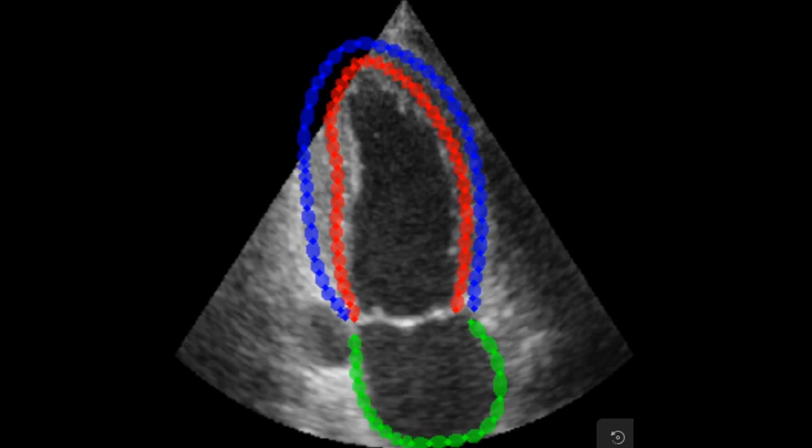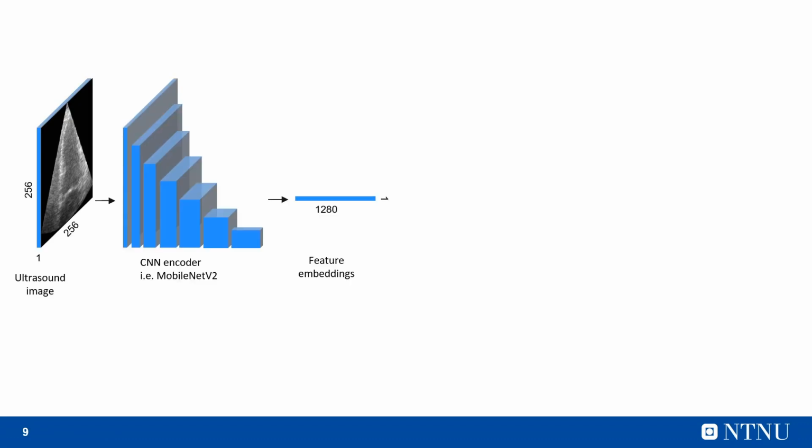The architecture of the graph convolutional network starts by applying a CNN encoder to the ultrasound image. In this case, we use a pre-trained MobileNet v2 architecture, and the output of the encoder are features embedded in a latent space. The second part of the network is the decoder. It starts by transforming the single-dimensional embeddings into an abstract keypoint embedding space.